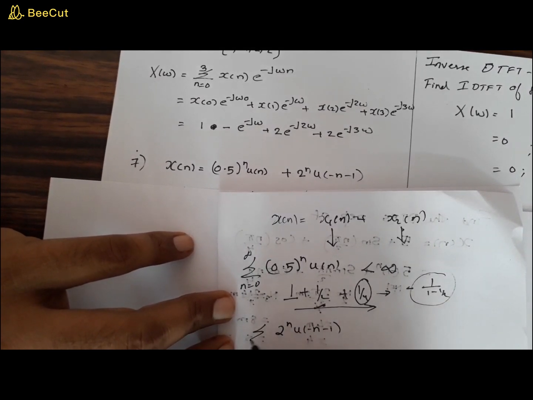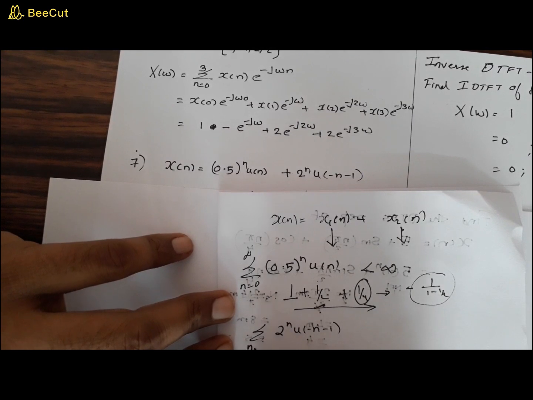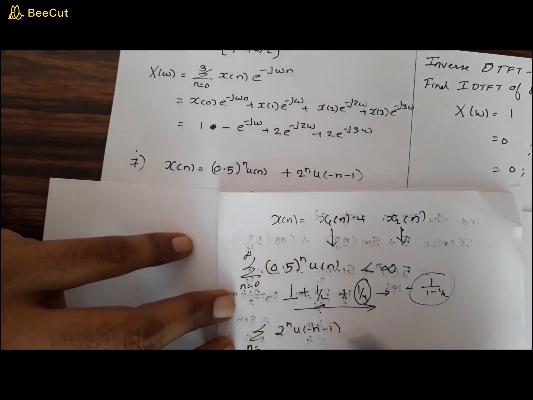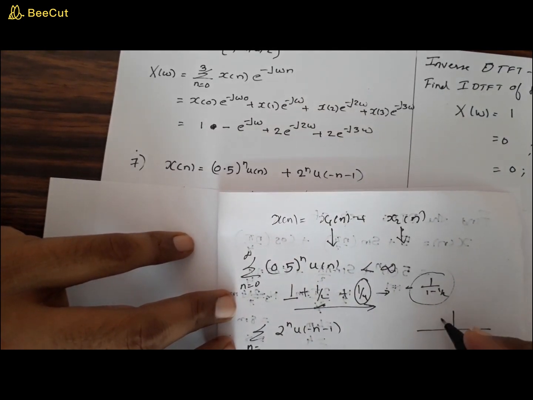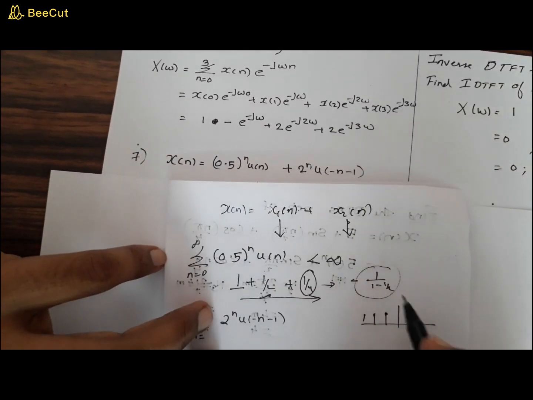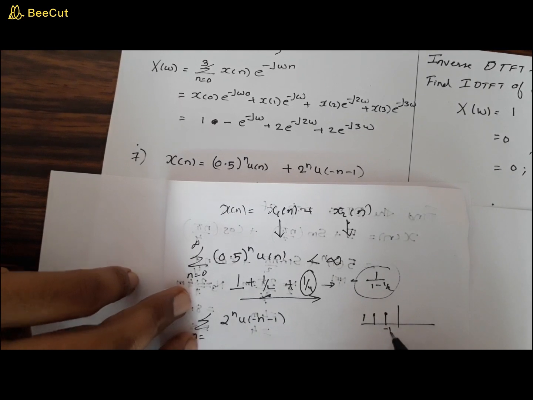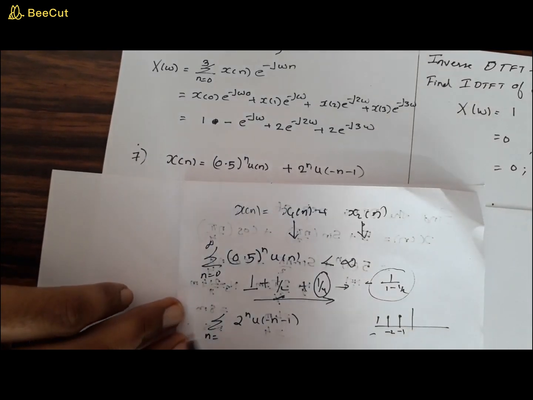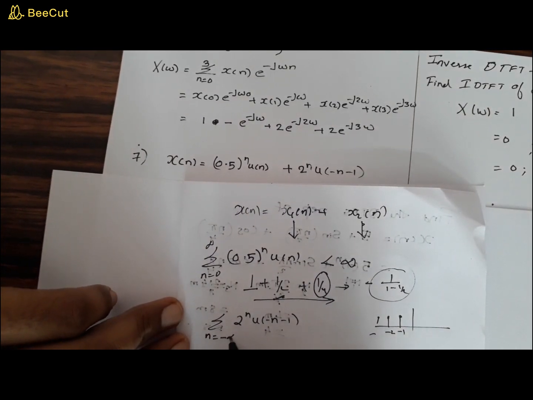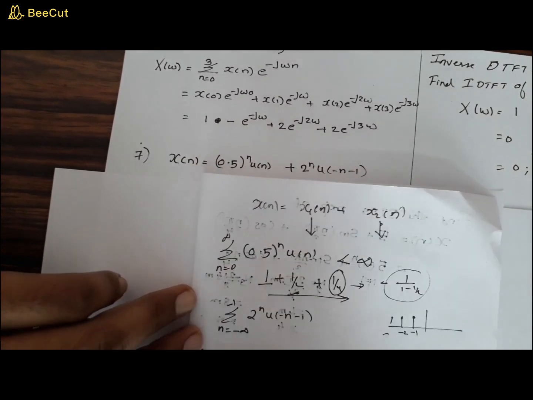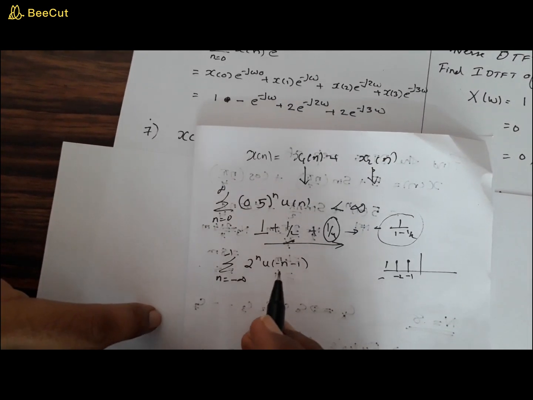Now what about 2 raised to n into u of minus n minus 1? Will it be summable? Since it is u of minus n minus 1, how will it look? It is nonzero for n equal to minus 1, minus 2, and so on. So actually the signal ranges from minus infinity to minus 1.